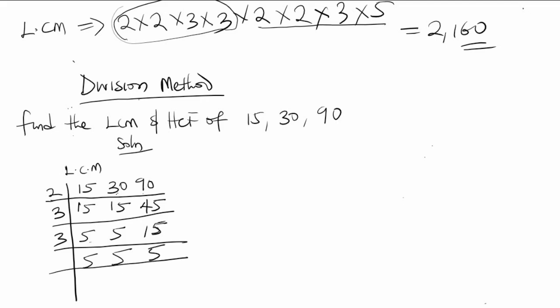Then we divide everything to give you 1, 1, 1. So the LCM becomes 2 times 3 times 3 times 5. The LCM is the multiplication of these numbers, which will be 90. That is the LCM.